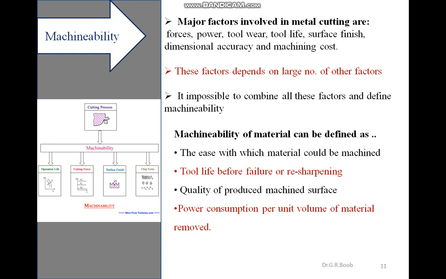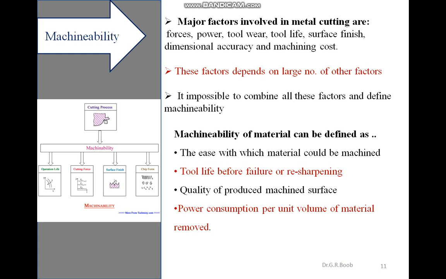All these factors depend on a large number of other factors. Forces depend on many factors like tool geometry and workpiece material. Power also depends on velocity and cutting force. Tool wear also has many factors. So it is impossible to combine all these factors and define machinability.